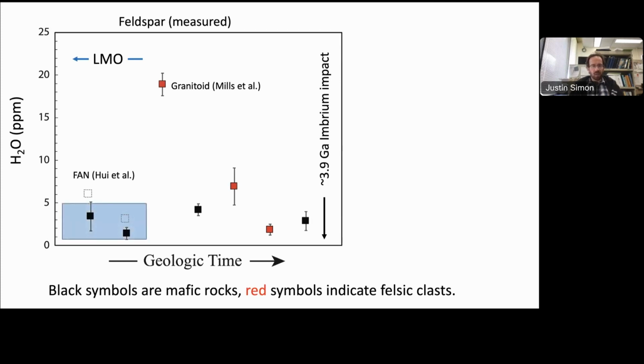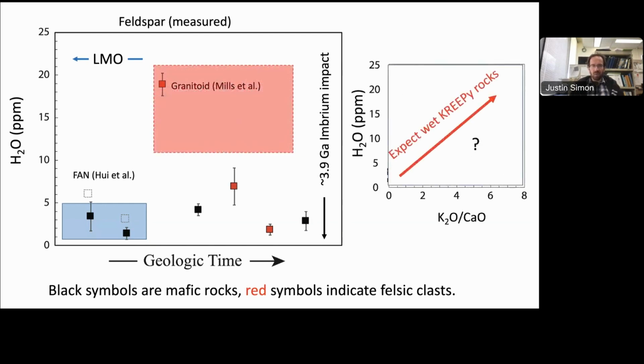So I didn't mention this slide came from a previous talk where I talked about some previous data, but these data have been recalibrated because there was a recalibration in the comparison between 2 different techniques, the FTIR technique and the ion probe technique. And so those values dropped to lower values. All the ones on the right are using the same calibration as the ones on the left.